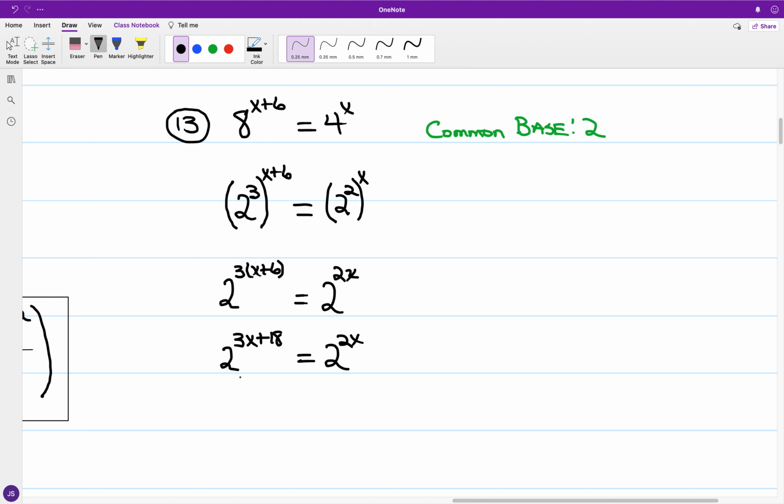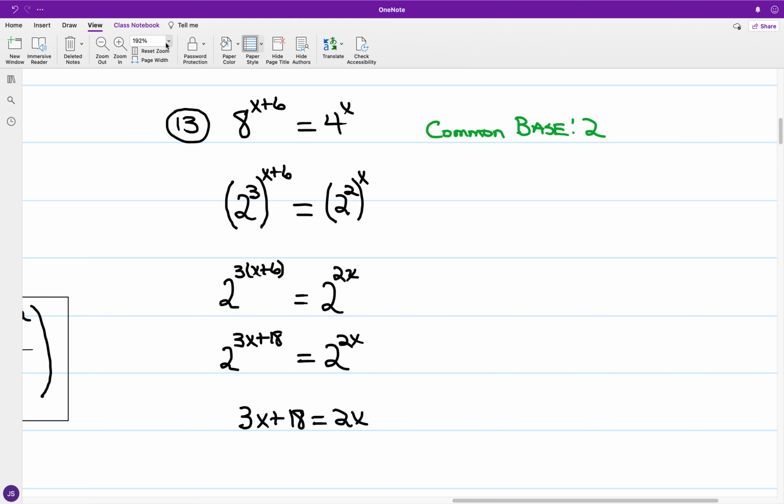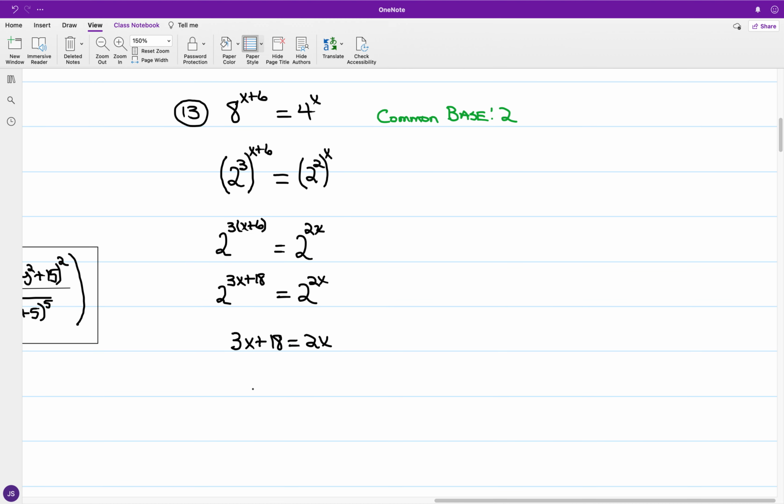And now we have single base 2 terms, and now we can set the powers equal to each other. So I have 3x plus 18 is equal to 2x. I have 2x by itself, and so I can just move the 3x by subtracting.